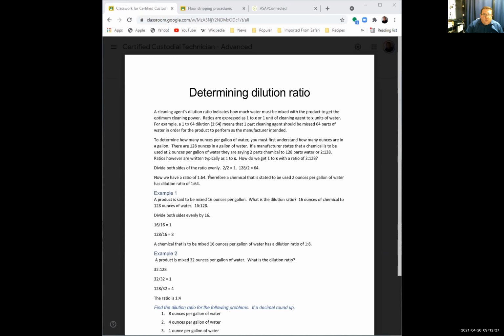So when we see something that says a chemical is stated to be used 2 ounces per gallon of water, it has a dilution ratio of 1 to 64. I want you to be able to know that, because when you look at it, you should be able to quickly know when you see 1 to 64, that means 2 ounces per gallon.